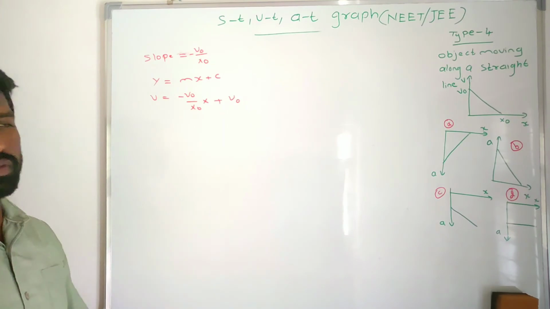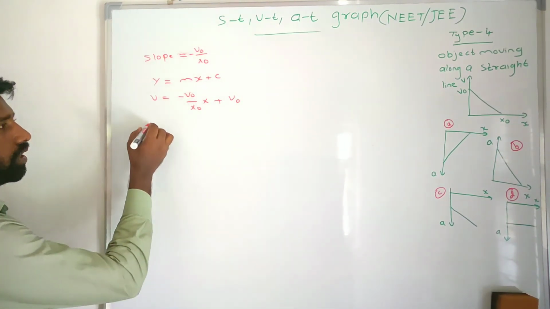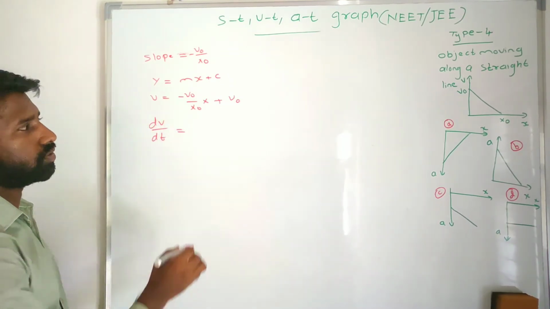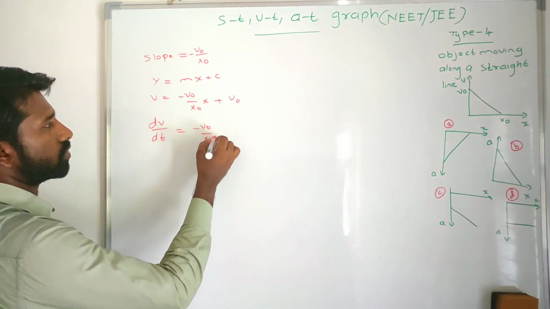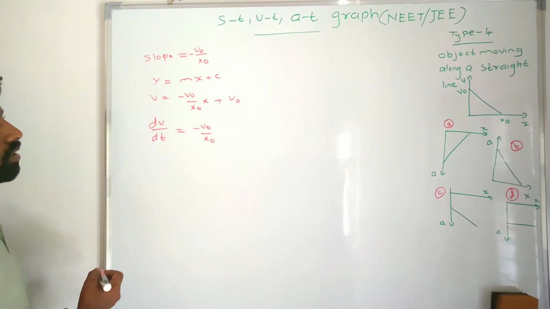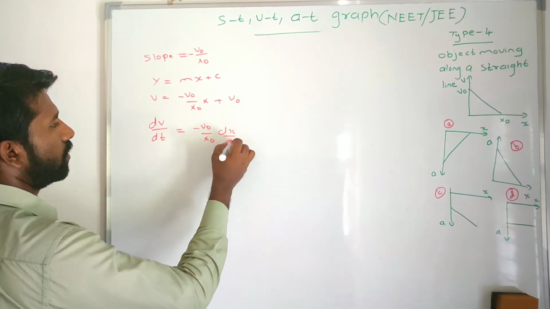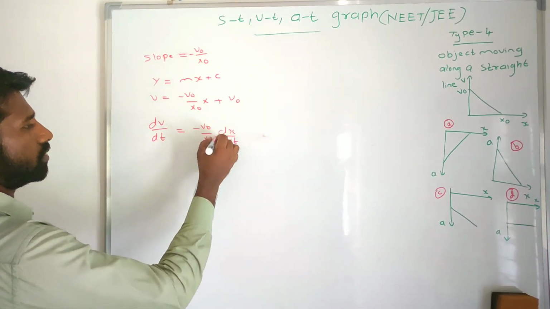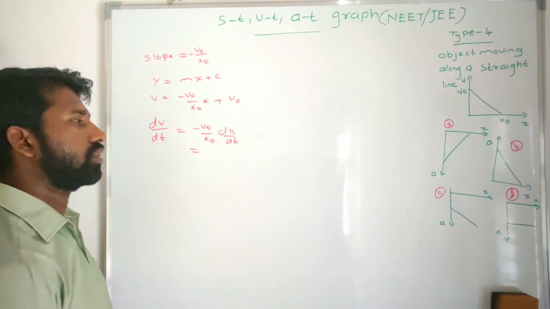We need to find the variation of acceleration with respect to displacement. So I am taking the derivative, dv divided by dt equal to, this v0 by x0 is a constant, then dx divided by dt we will get, and the derivative of v0 is 0. Clear? What is dx divided by dt? dx divided by dt means velocity.